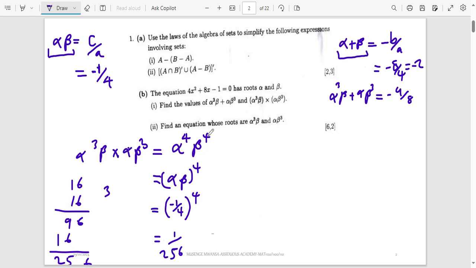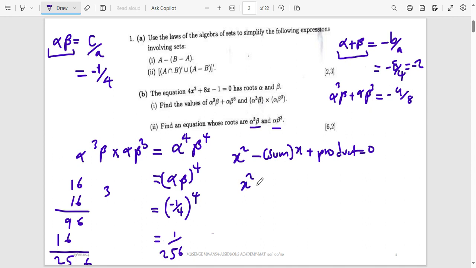The next question is saying find the equation whose roots are these two, alpha cubed beta and alpha beta cubed. When you are finding the equation, it is x squared minus the sum of the roots multiplied by x plus the product of the roots is equal to 0.